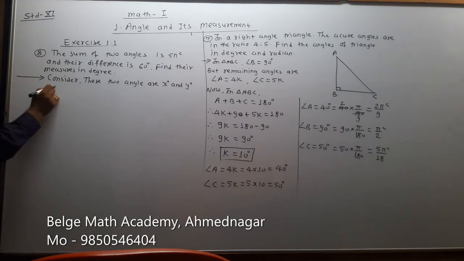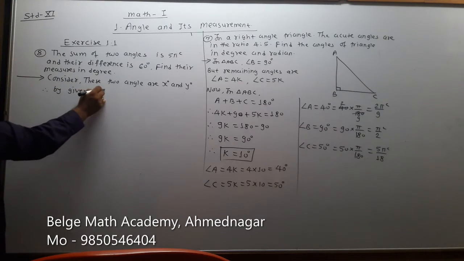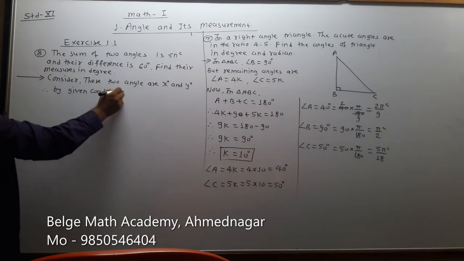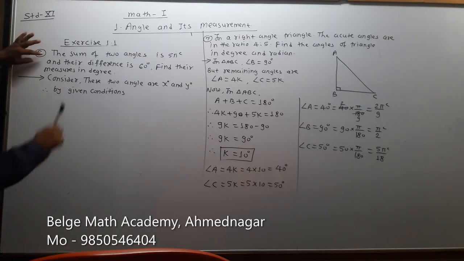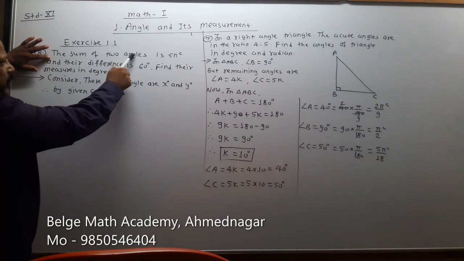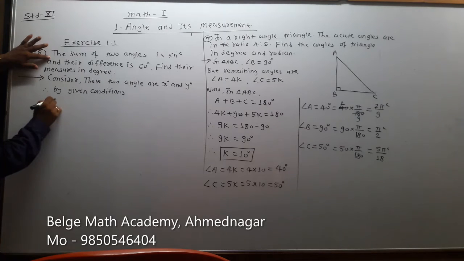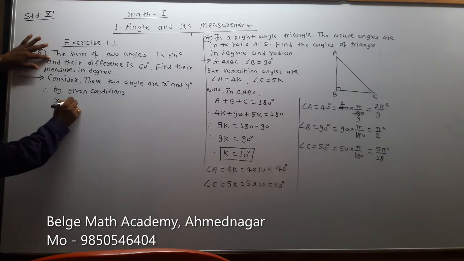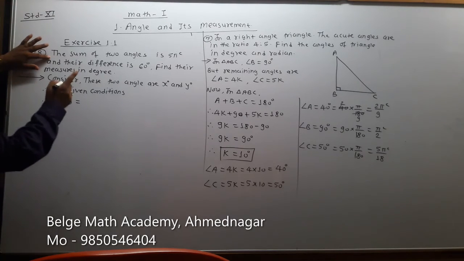Then by the given conditions, there are two conditions. One condition is the sum of the two angles is 5 pi. Therefore, x plus y equal to 5 pi.